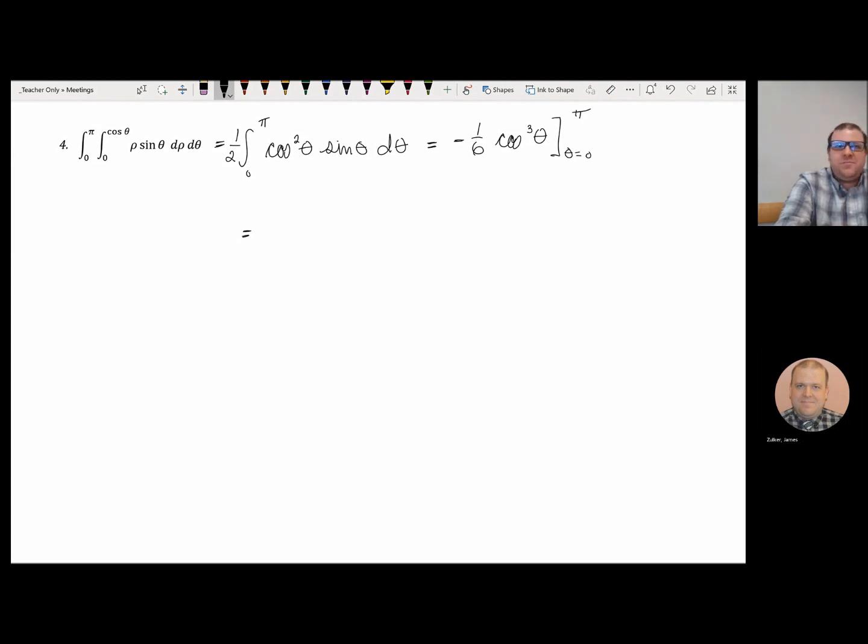So cosine cubed from 0 to pi is -2. Integral's a third.